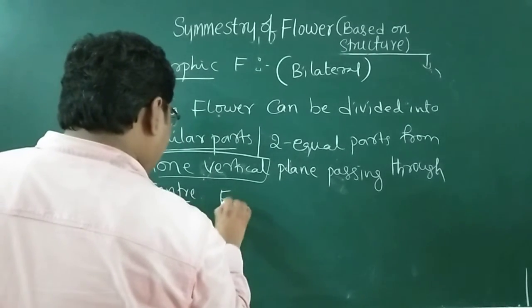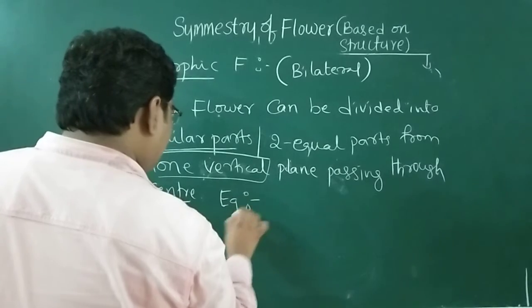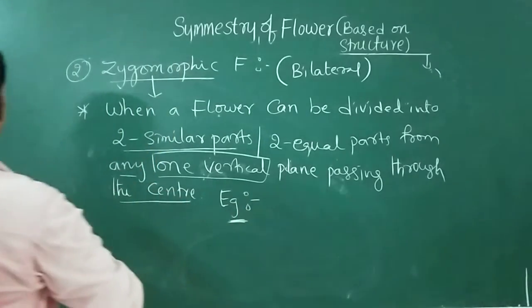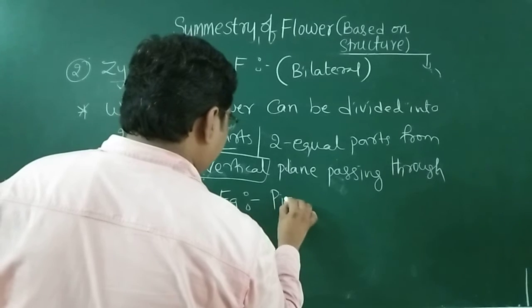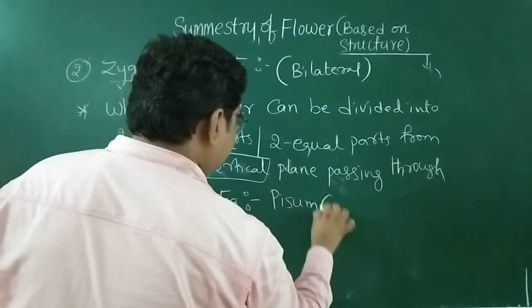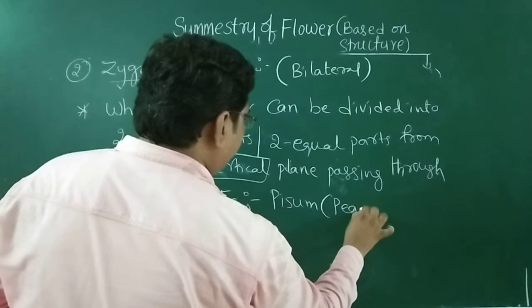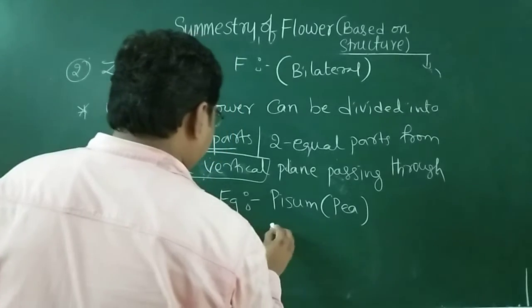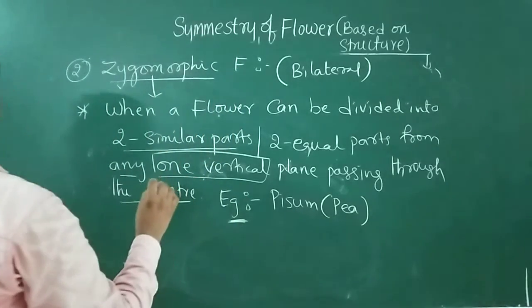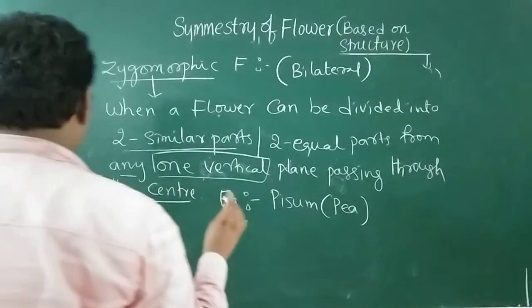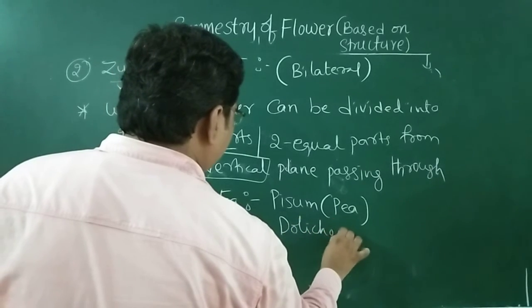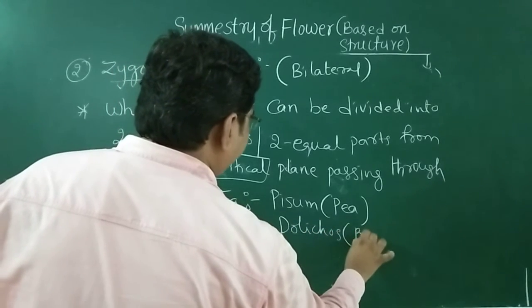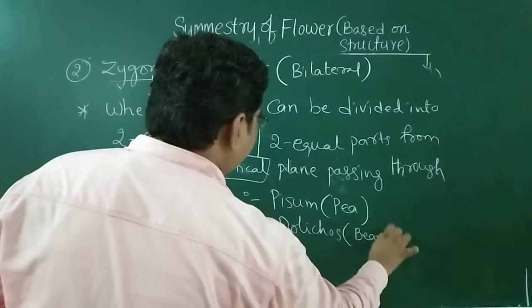What are the examples of zygomorphic flowers? The first one is Pisum, the scientific name of the pea plant. One more example is Dolichos, the scientific name of beans.